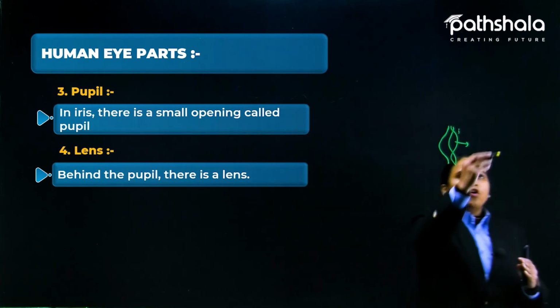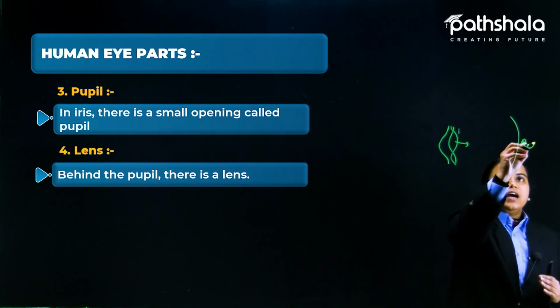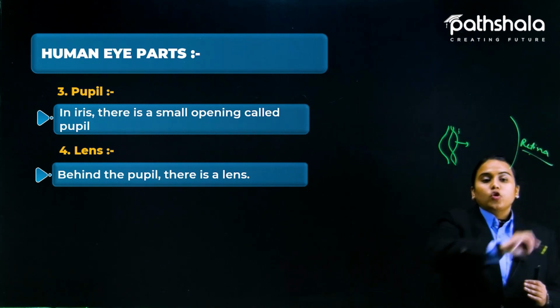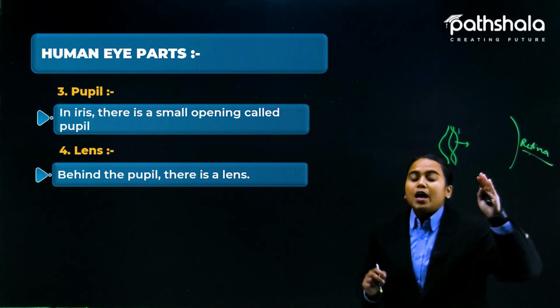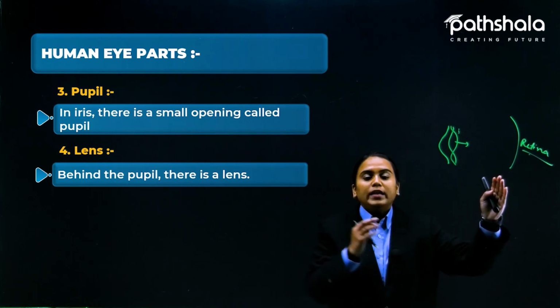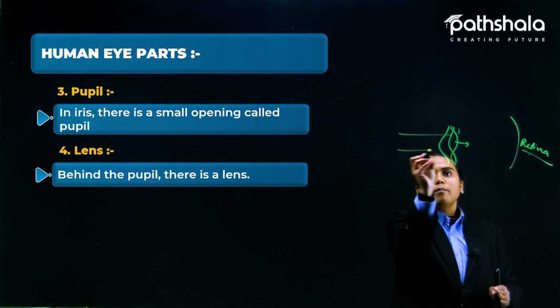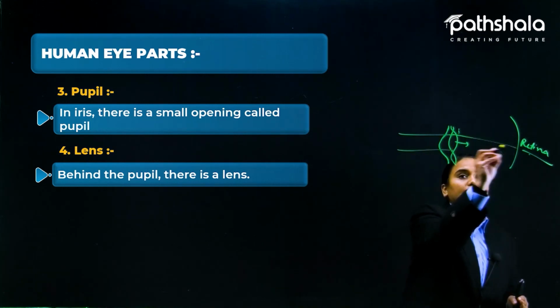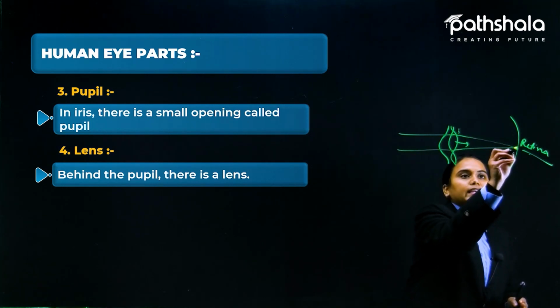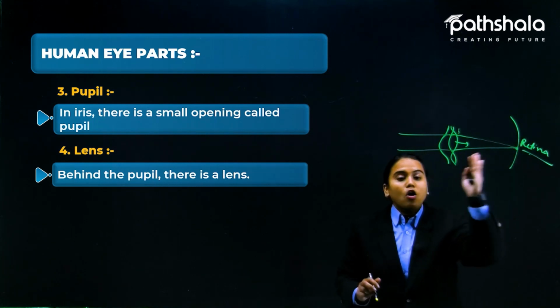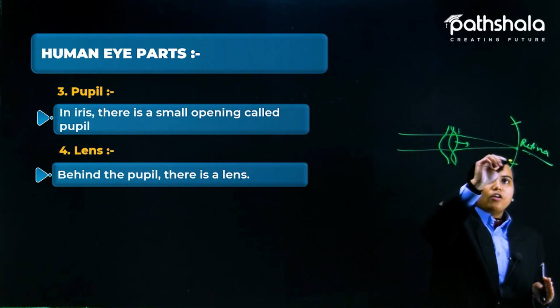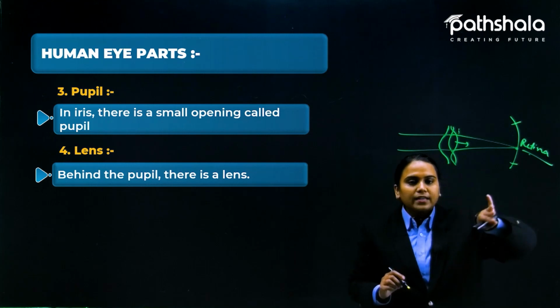Why? Just to focus the light on the retina. The retina is the main thing: the light entering from the outside world should be focused at this layer, at the back side of the eye.